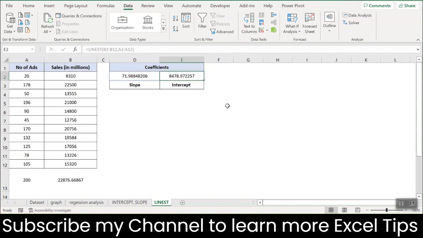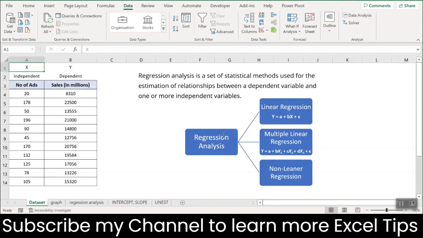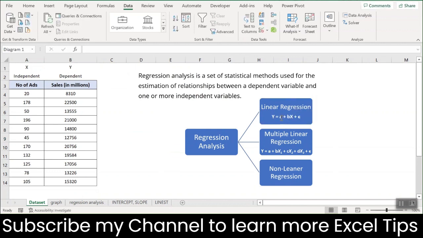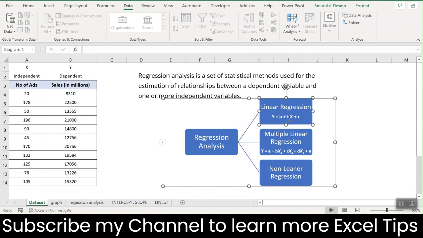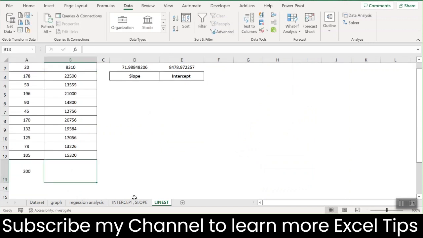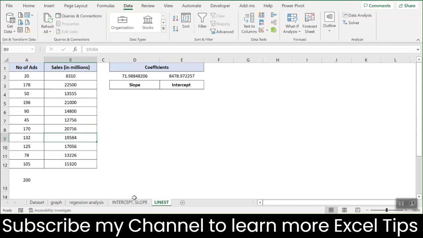Now, how do we use this slope and intercept to come up with the next y or to forecast y? The equation which was mentioned in the first tab is basically y equals a plus bx, where a is your intercept, b is the slope, and x is the value which is varying. Now, if I know x is 200, what would be my sales in millions?